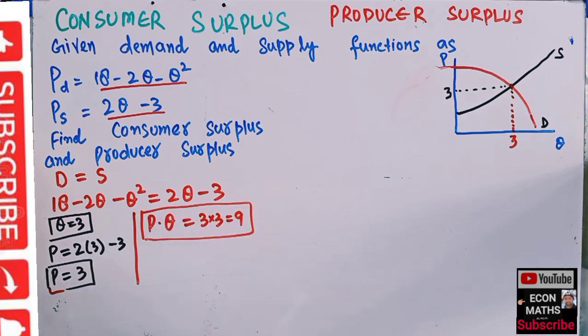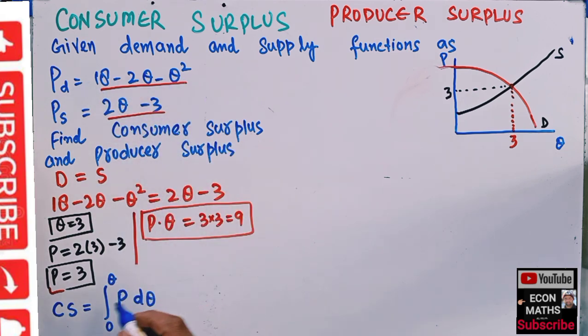Now the consumer surplus is given by the definite integral from 0 to the equilibrium quantity of P dq. We take the definite integral from 0 to the equilibrium quantity and integrate the demand function.